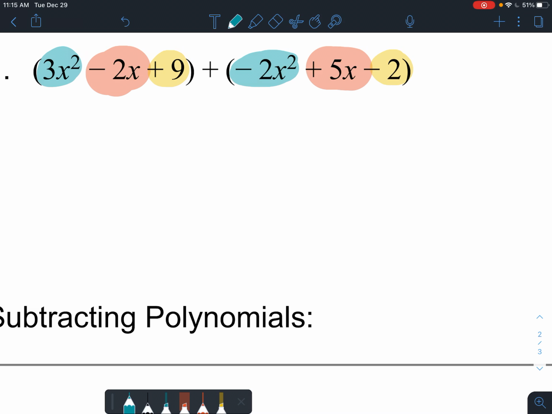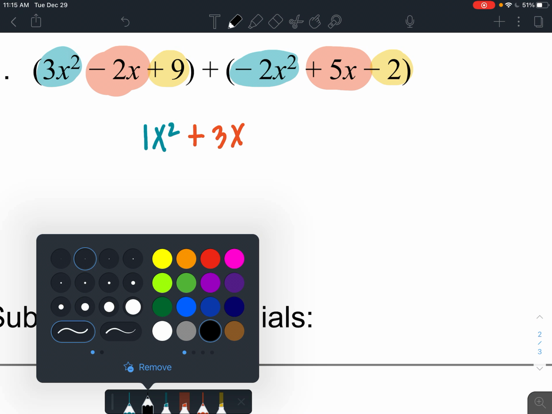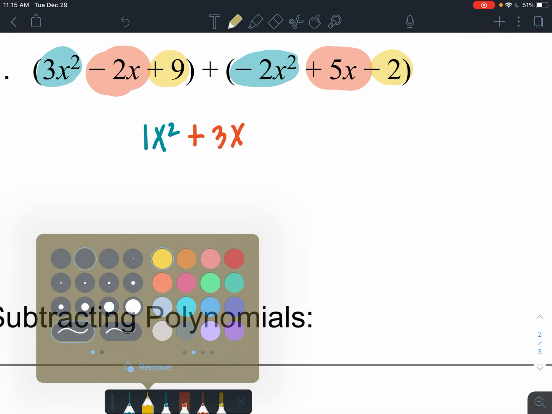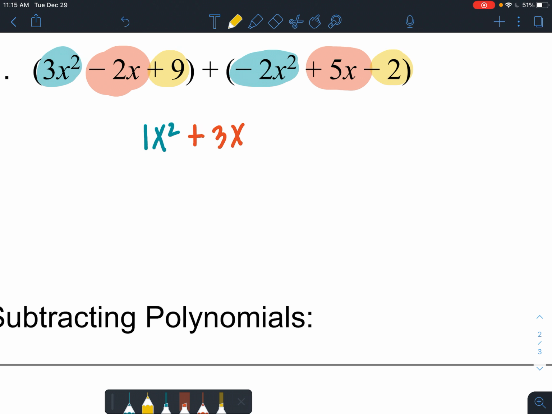3x squared minus 2x squared is, so 3 minus 2 is 1x squared. Negative 2x plus 5x gives me positive 3x. And then 9 minus 2 is 7.